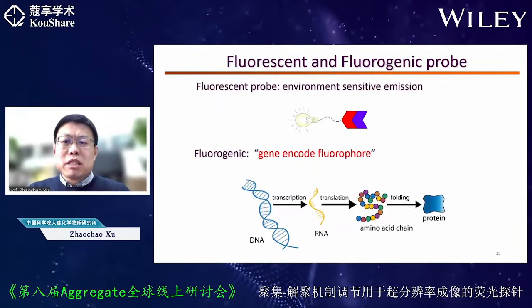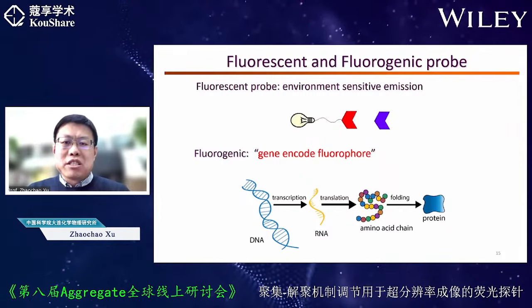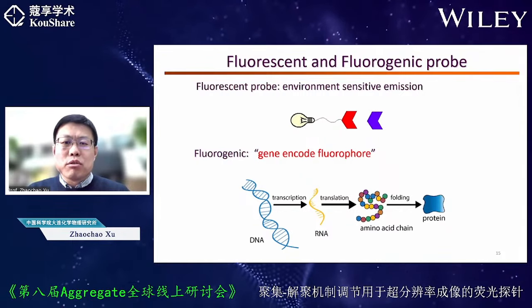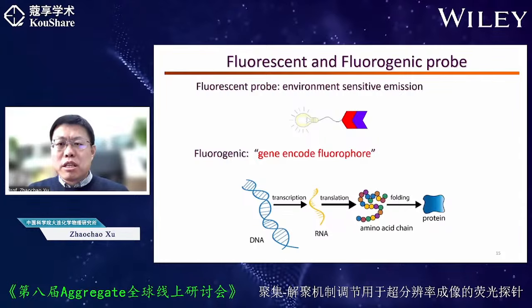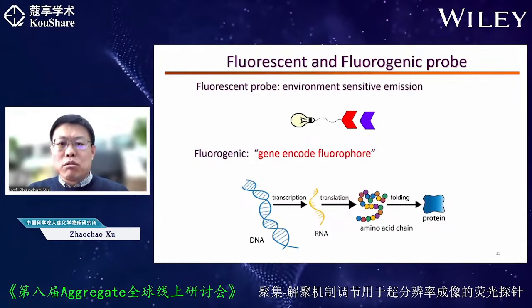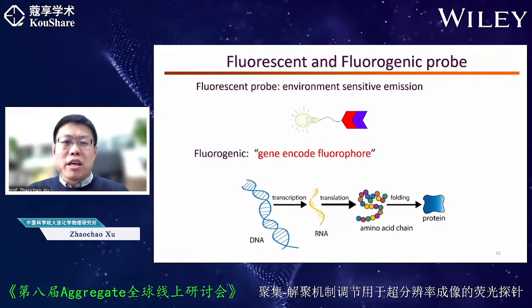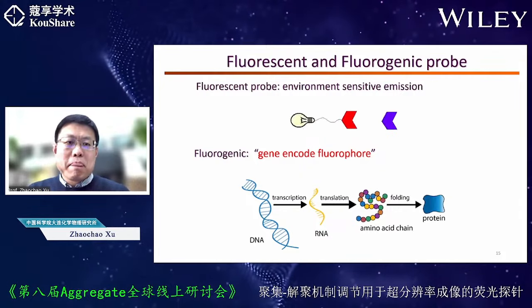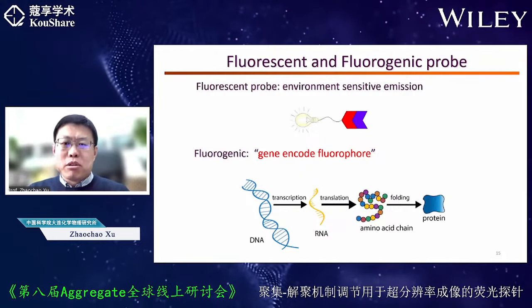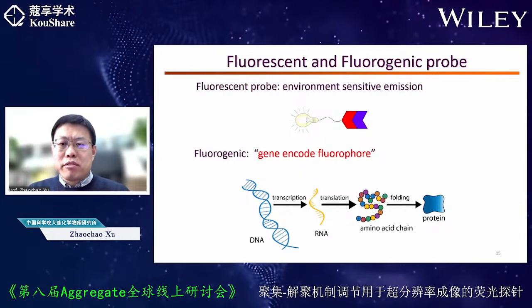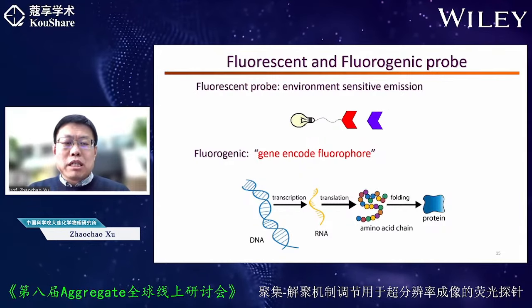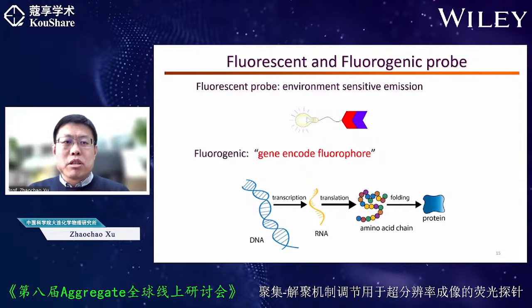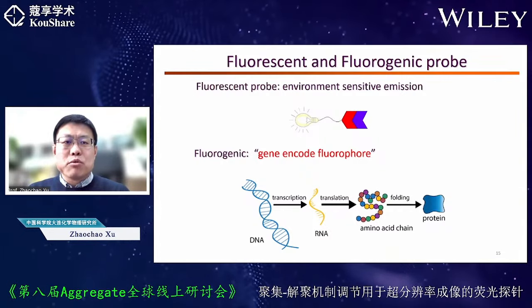The concept of a fluorogenic probe essentially involves generating a gene-encoded fluorophore during the molecular recognition process, just like the biological principles of DNA, RNA to protein synthesis. Traditional fluorescent probes rely on the environmental sensitivity of the fluorophore. They contain the fluorophore, the linker, and the receptor.